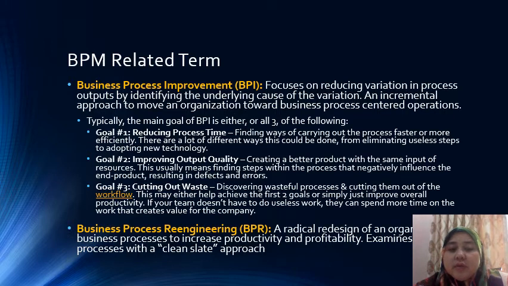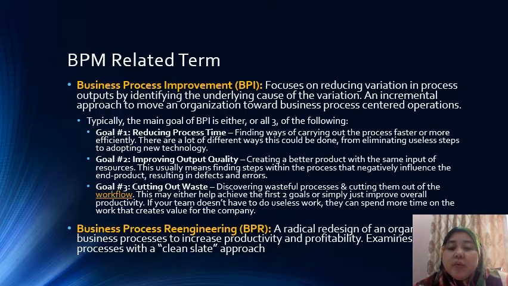So the main goals of BPI are three. Number 1 is reducing processing time. Why? Because we want to make things faster, by eliminating useless steps, in order for us to adopt any technology or IS, information system. Number 2, improving output quality by creating a quality output.